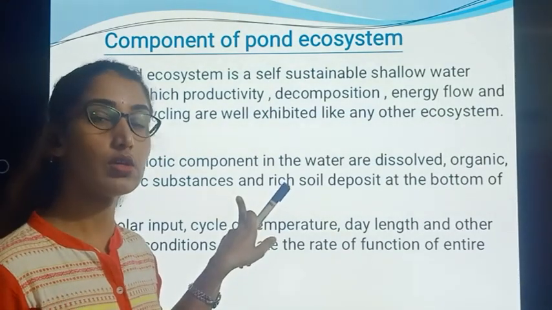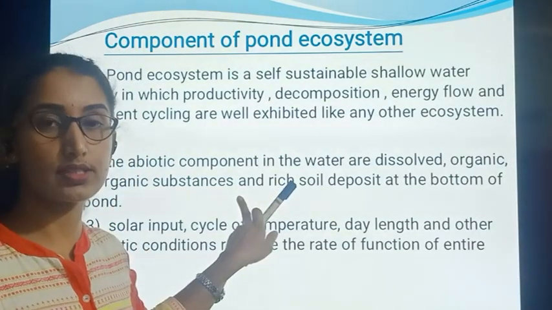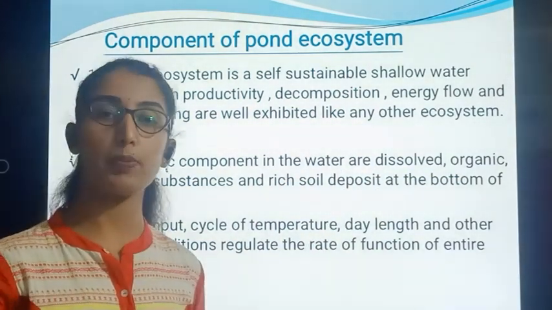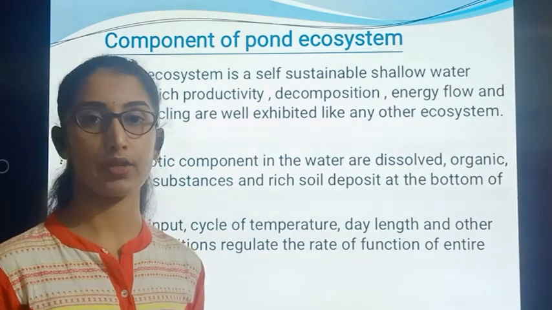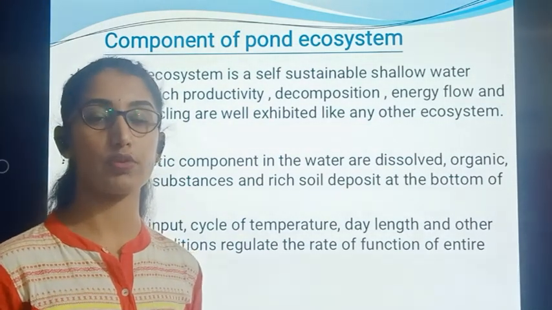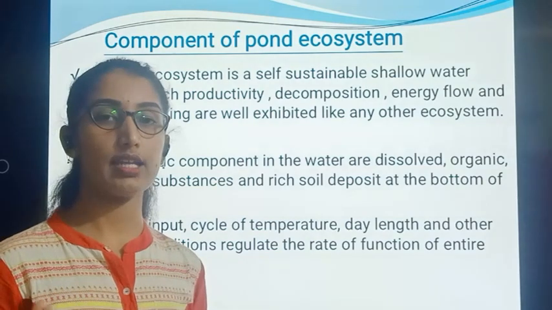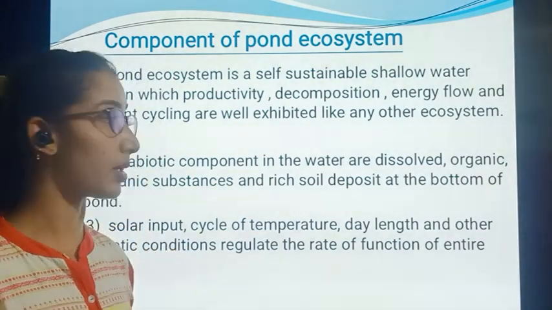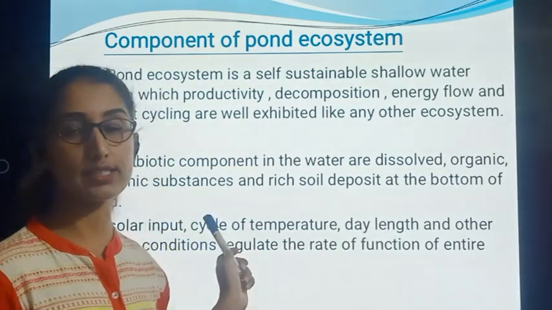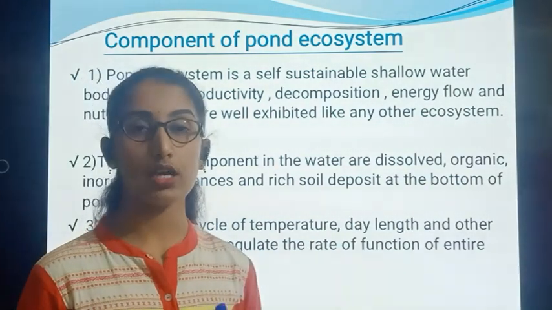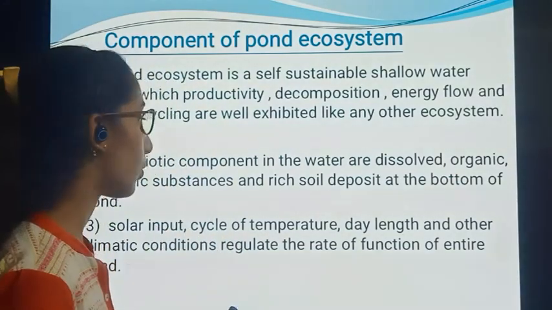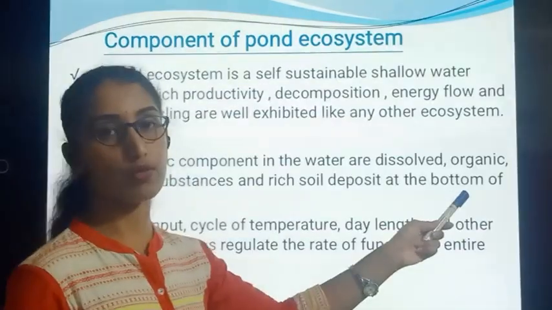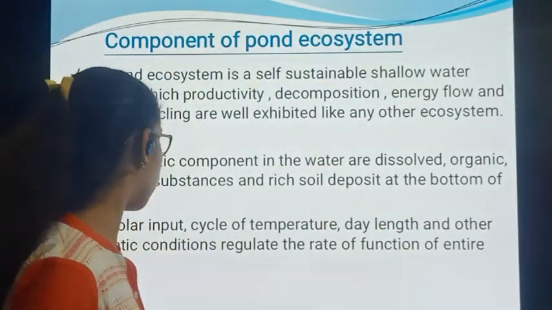But compared to any other terrestrial ecosystem, these substances will be in other states, either in the form of solids or pellets. But in pond ecosystem, these organic and inorganic substances will be in the dissolved condition, and a very rich soil will be deposited in the bottom of the pond ecosystem.